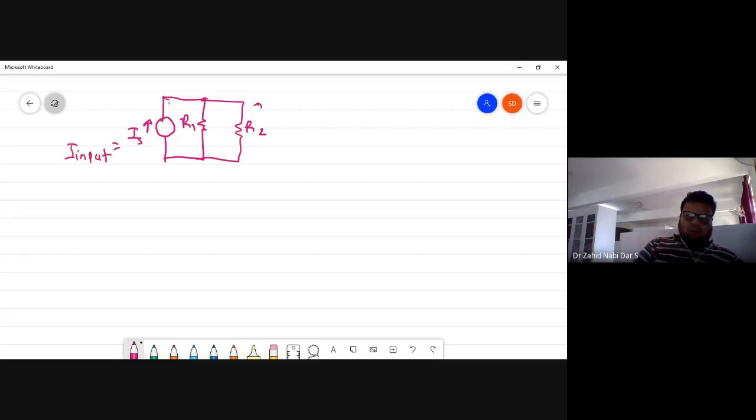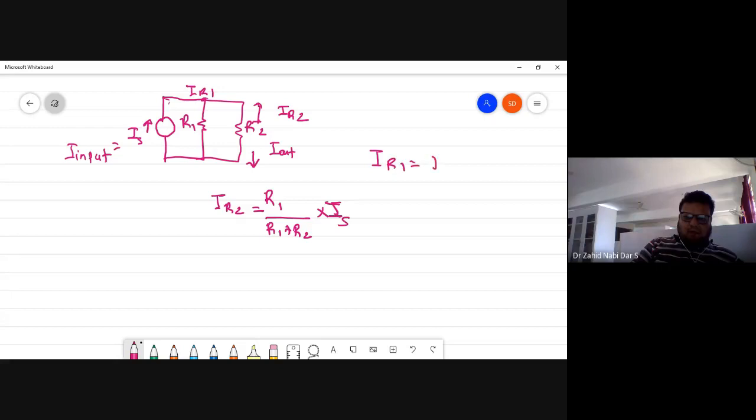Now the output is here, I output. Here I will say IR2, here I'll say IR1. So the current IR2 would be equal to the opposite resistance, that is R1 divided by R1 plus R2, into Is. Similarly, IR1 would be equal to R2 divided by R1 plus R2, into Is.